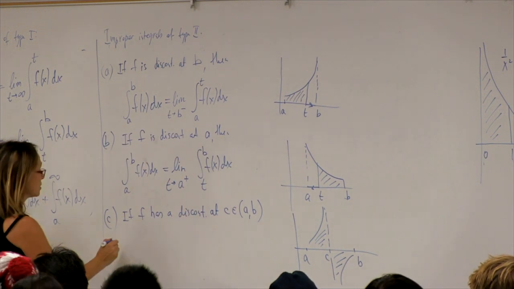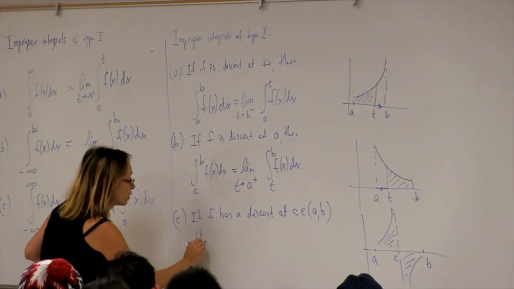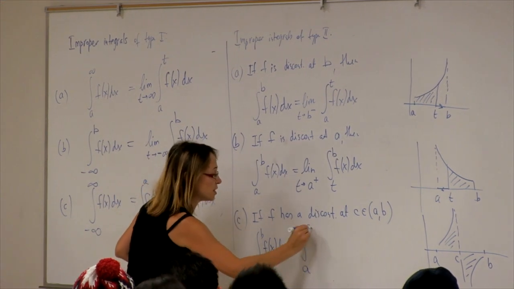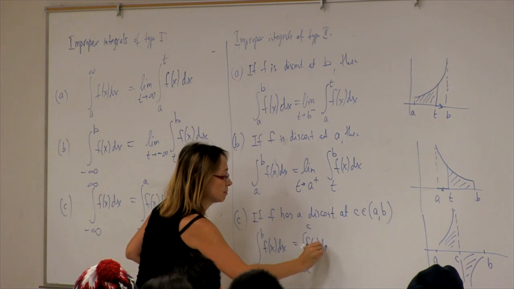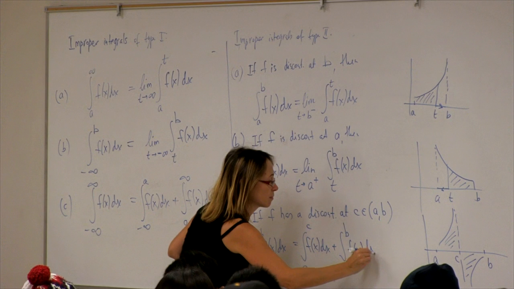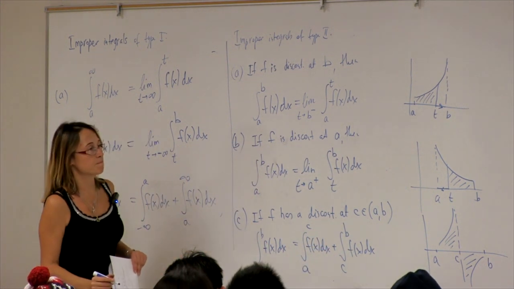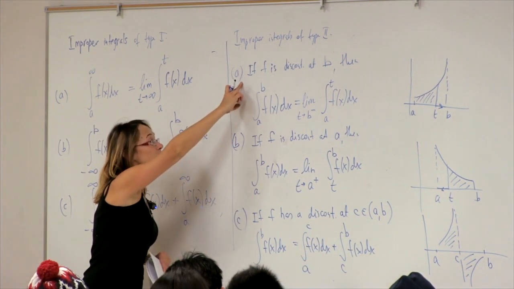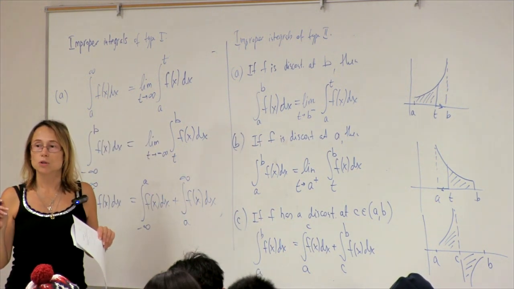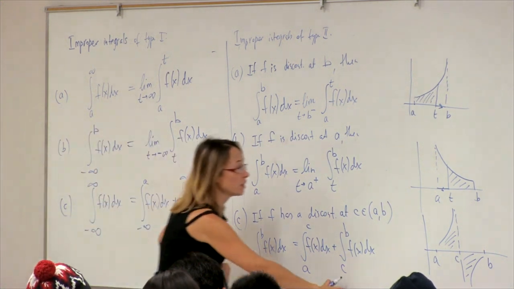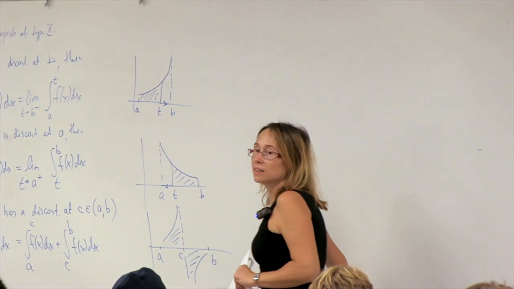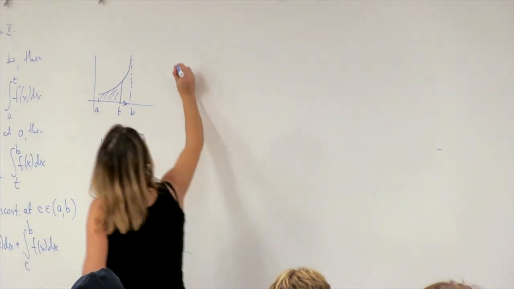What happens? We cannot just ignore it. We have to split this integral into an integral from a to c plus an integral from c to b. And these two are types A and B, because each of them has a discontinuity at either the left or right border of integration. Again, the integral is only defined if the limit exists as a finite number.